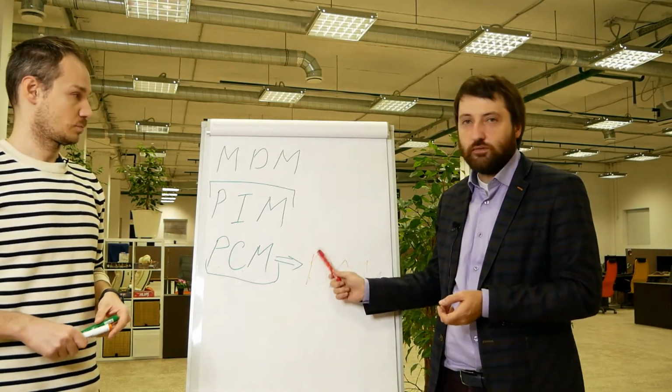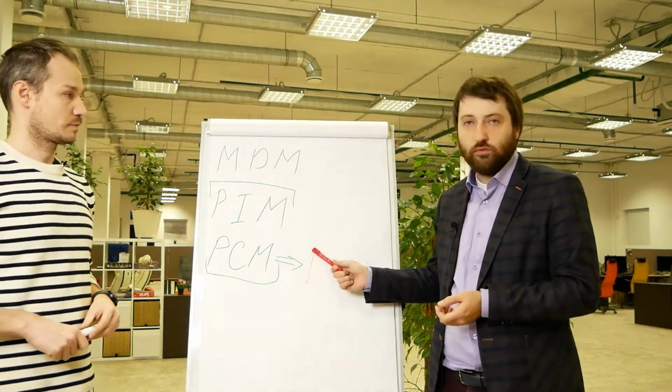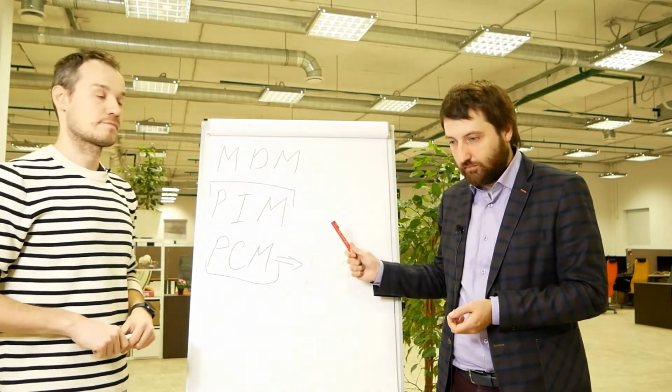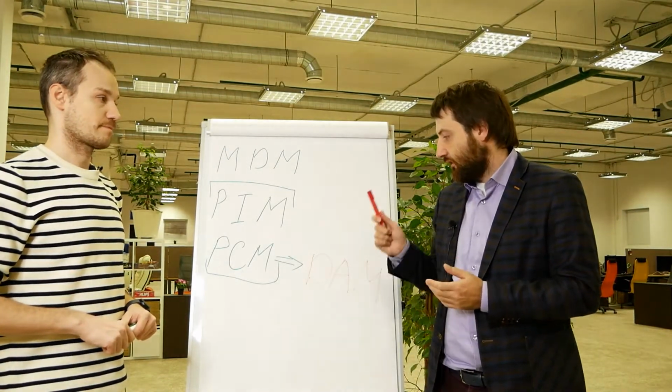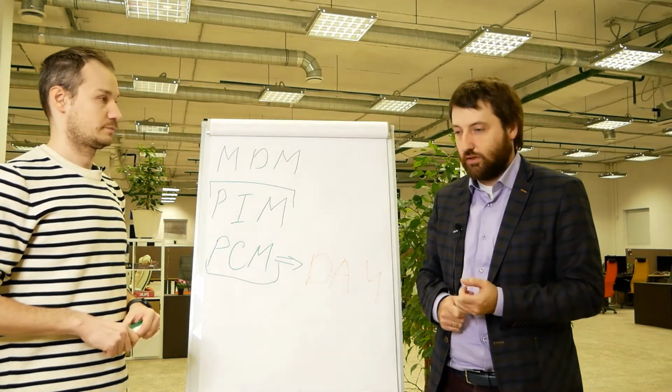Because all of these systems are needed for internal use only. It means that all these systems are needed inside the company for its internal processes. It is needed to avoid chaos in the product data. For external systems, for the external marketing, we need a new class of system.